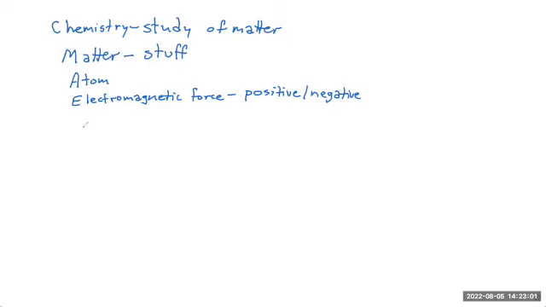Okay, so let's look at matter first before we get to the atom. We have some sample of matter. Anything you see around you, and matter can exist as multiple substances or as a single individual substance.